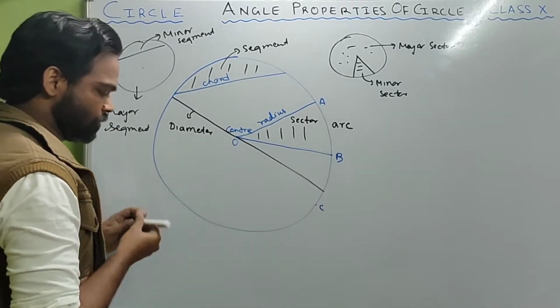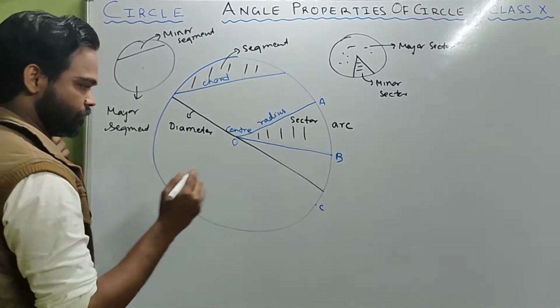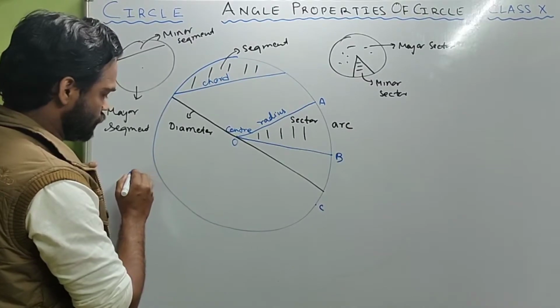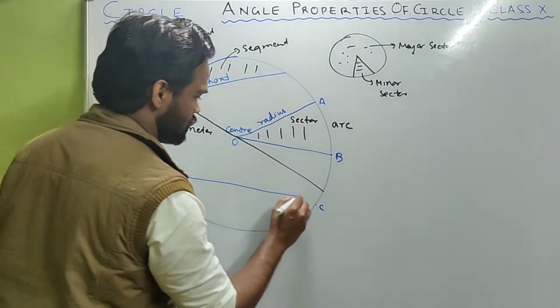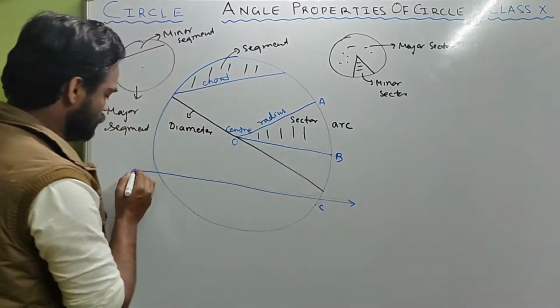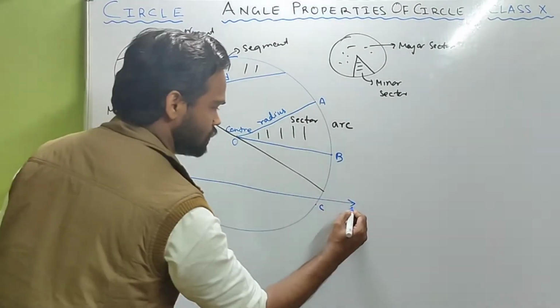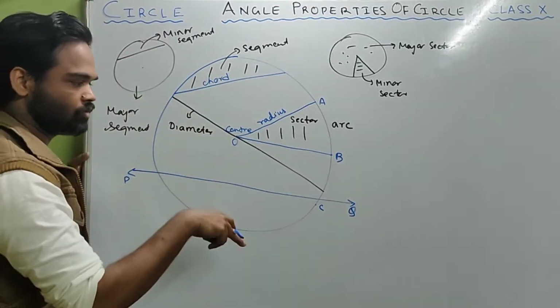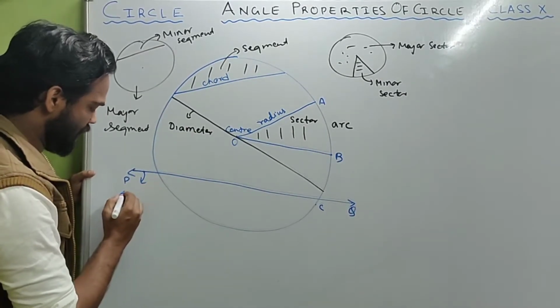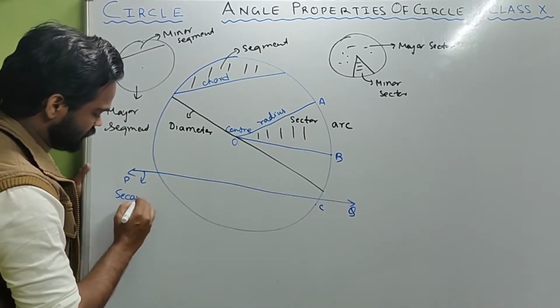Now two more important points I should say. Second, a line which cuts the circle at 2 points. Suppose this was PQ. It intersects the circle at 2 points. This PQ is known as the secant.